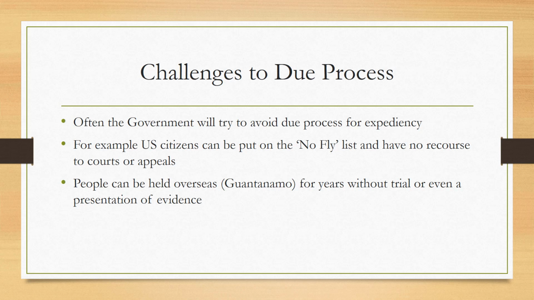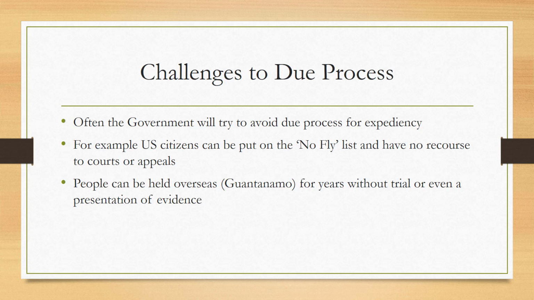So for example, let's suppose the federal government right now decides you're a terrorist. Now they can't arrest you because they're going to have to follow the due process of, okay, here's the charge, here's the proof, here's the conviction, here's the sentence. But let's suppose they think you're a terrorist and they say, we just don't want terrorists flying on planes, we're going to put you on the no-fly list.